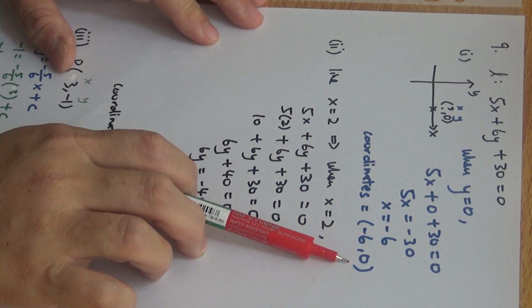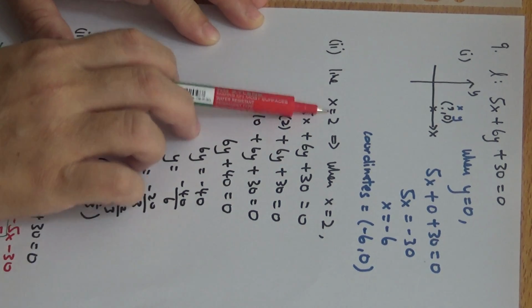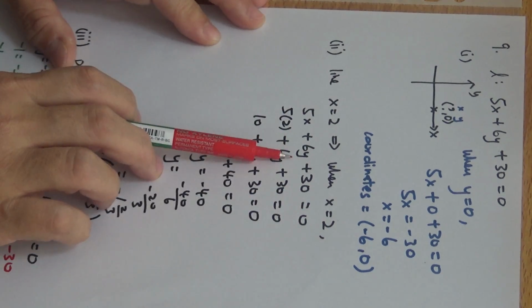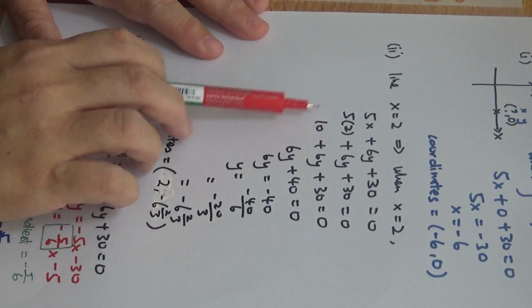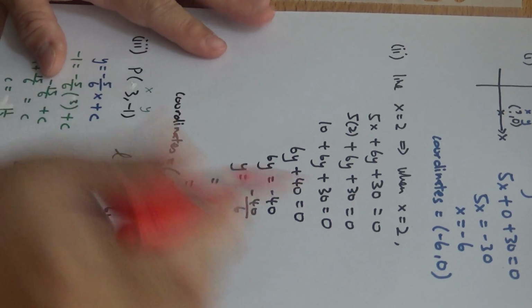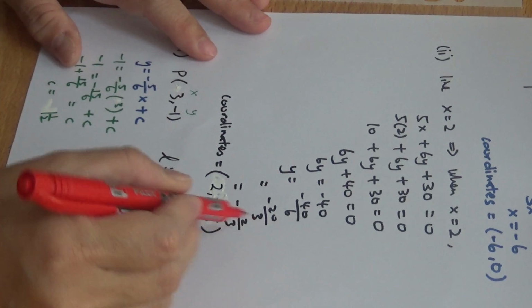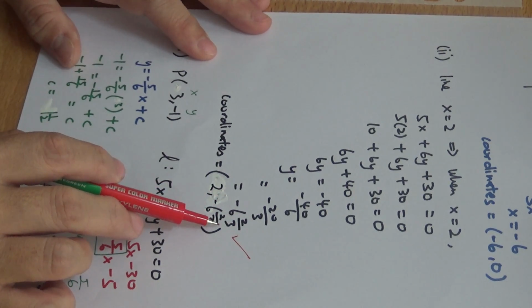Now part 2 is find the coordinates of the point of intersection of L with the line x equals 2. Now when x is equal to 2, I will substitute x as 2 into the equation and solve. After solving, you will realize that my answer is actually -6 2/3.